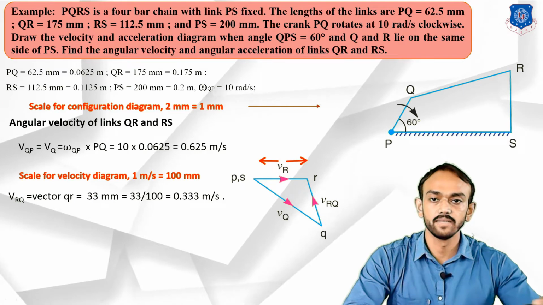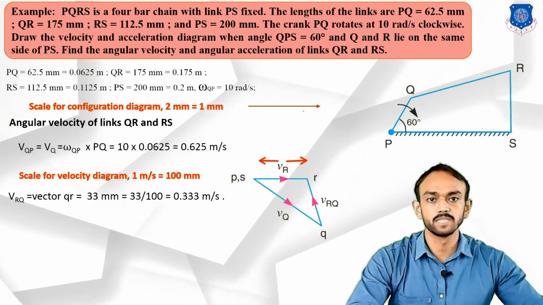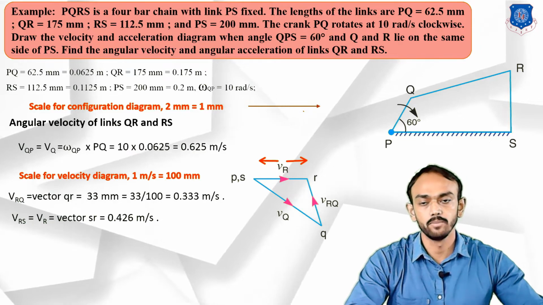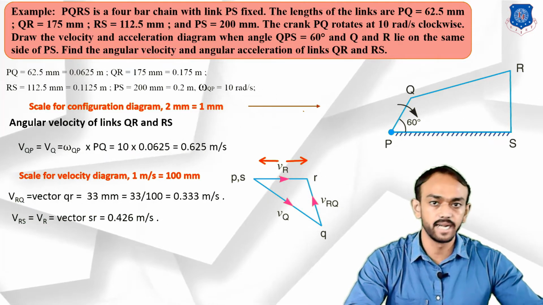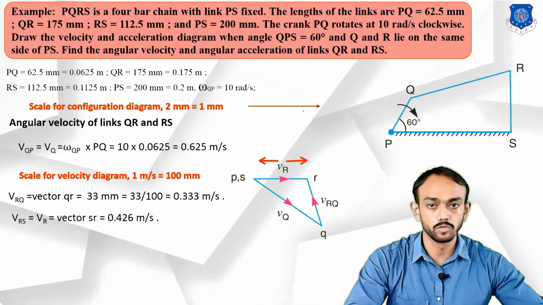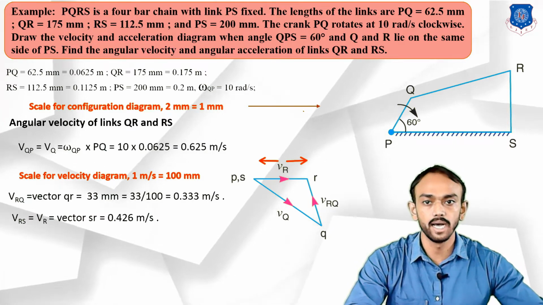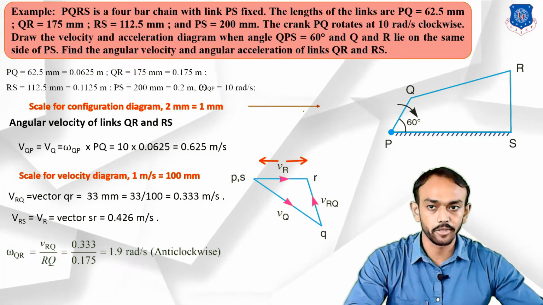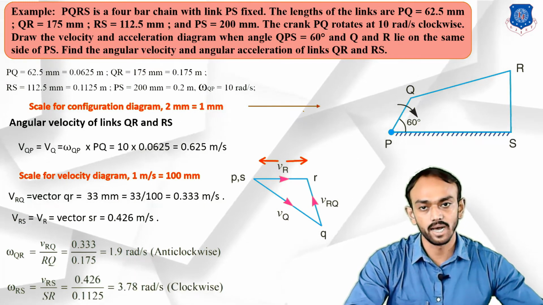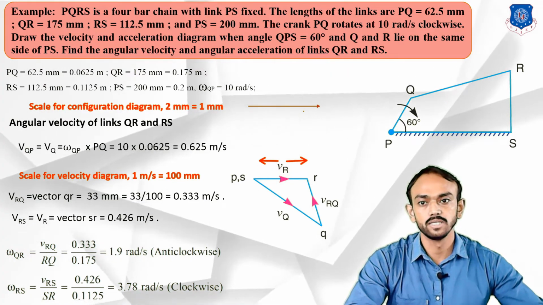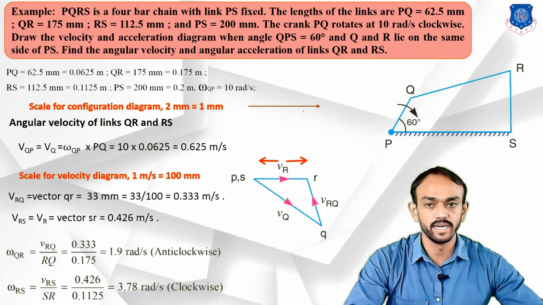Now we will find the velocity of R with respect to S, VRS, and you can find it from measuring the vector SR and dividing by 100. Okay, now we can find the angular velocities omega RS and omega RQ by velocity of RQ divided by RQ and velocity of R with respect to S divided by SR. So this is the angular velocity we have found here.